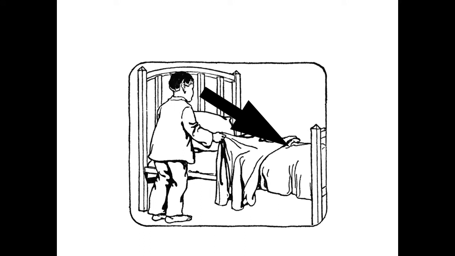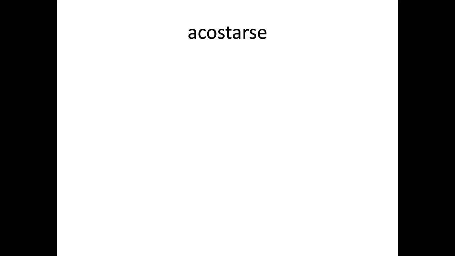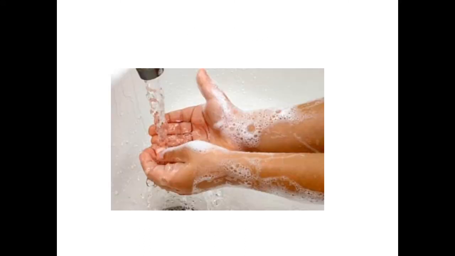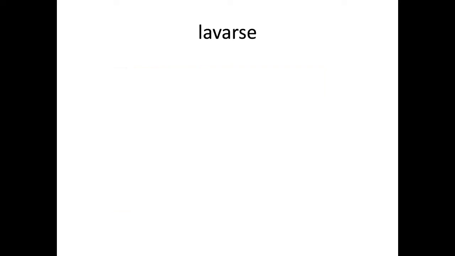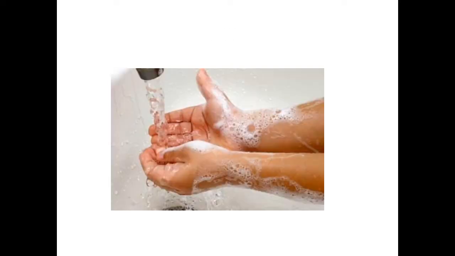To go to bed. Acostarse. To wash. Lavarse. So if you wanted to tell somebody, I wash my hands, you would say, me lavo las manos. Me lavo el pelo. Me lavo la cabeza.